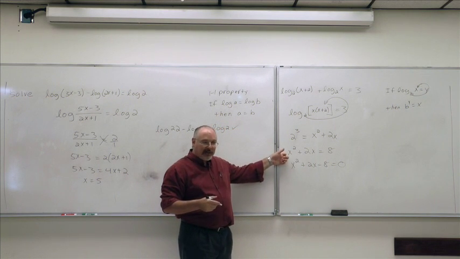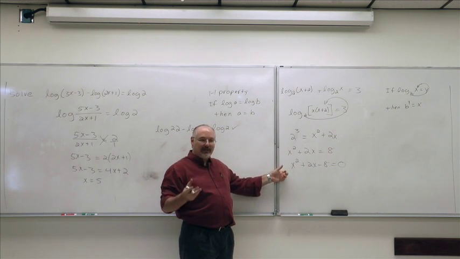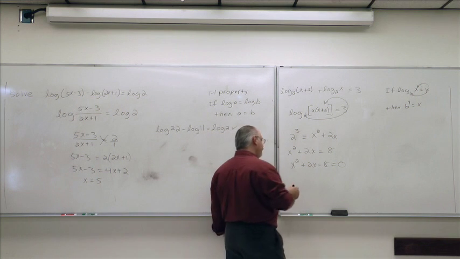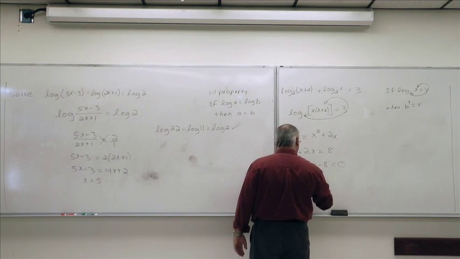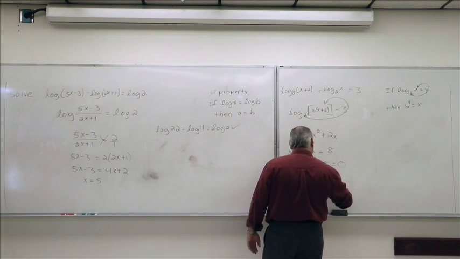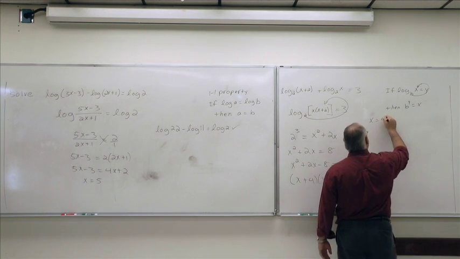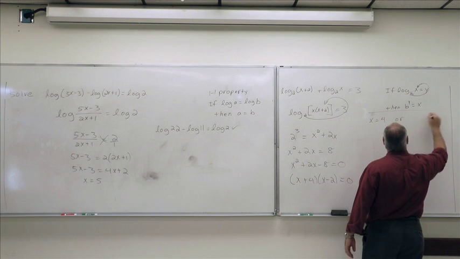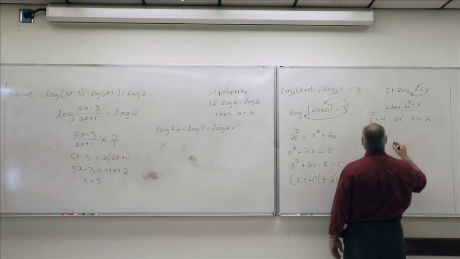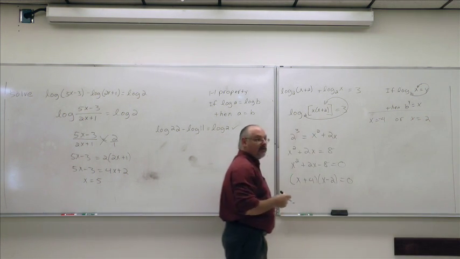It's a quadratic equation, so get everything on one side, equal to 0, do the thing. That gives you x plus 4 times x minus 2 equals 0. So x is negative 4, or x is 2.